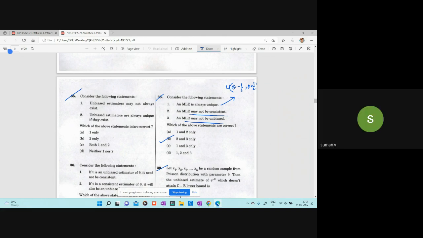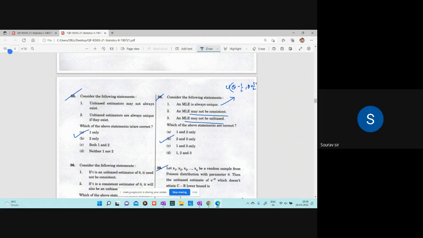Only one. Why not B? Unbiased estimators are not unique. Many others exist. Can you explain with an example? For the normal distribution, the mean and median are both unbiased for the population mean.